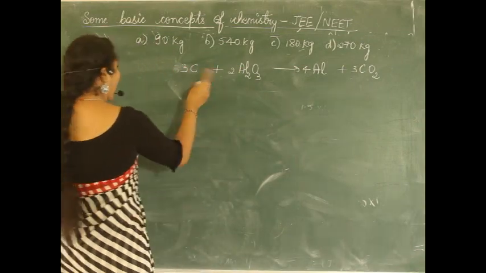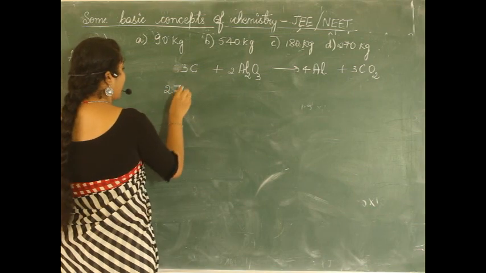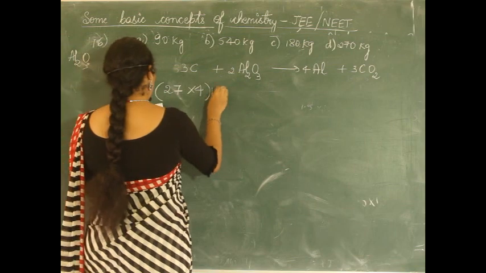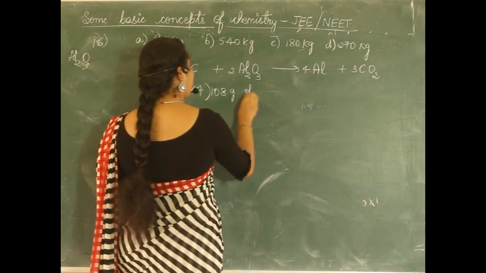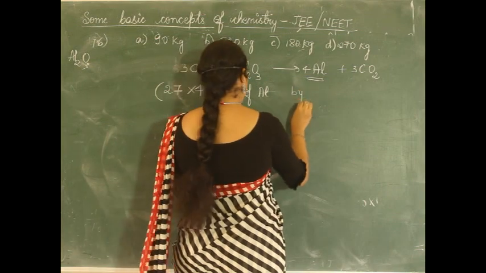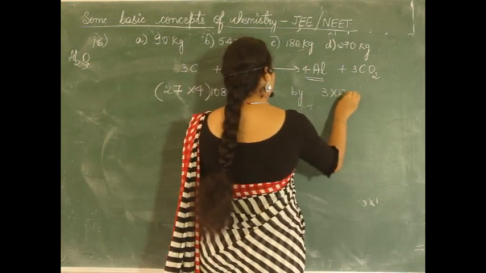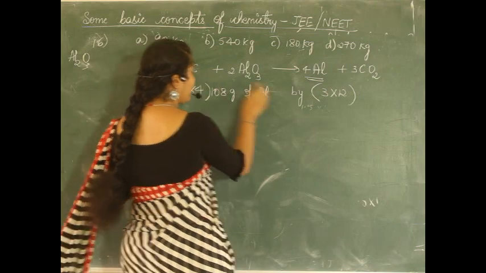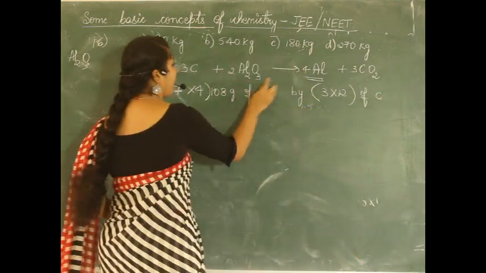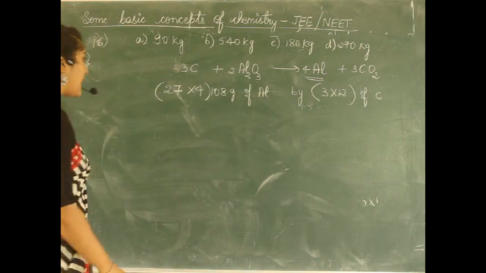Now let us see, according to the reaction, what is given? 27 gram of aluminium, 108 gram of aluminium, this one is produced by carbon, that is here 3 into 12 of carbon by the reduction of alumina. This is the data given.